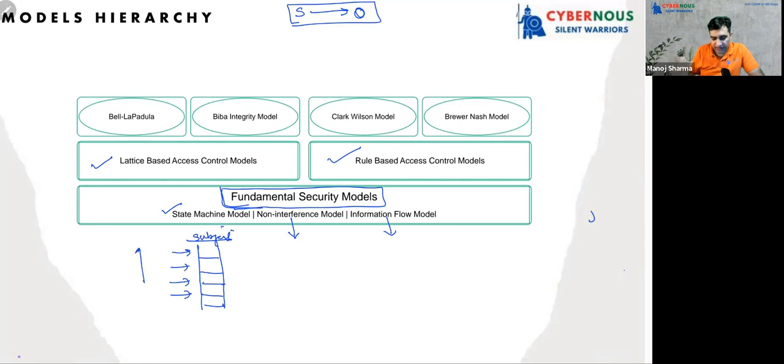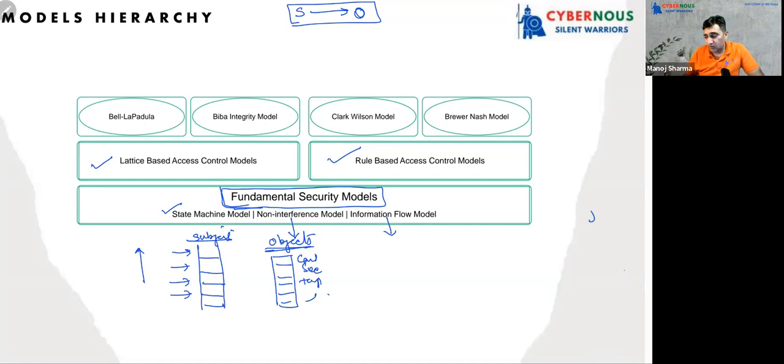People on the top will have a high clearance level. People at the bottom will have a low clearance level. At the same time, objects which are there on the system, like your folders, your files, or whatever you want to access, passive entities, right? They will also be on different levels. It can be confidential, it can be secret, it can be top secret, and so on.